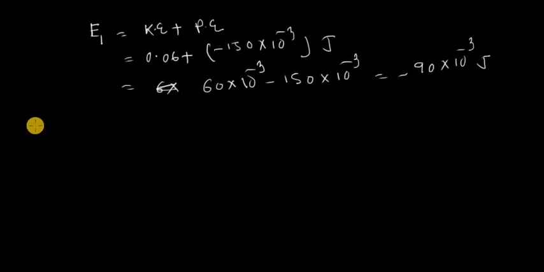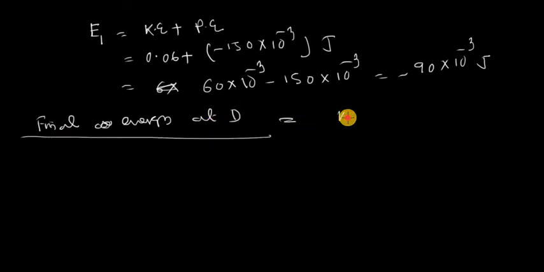Now potential energy, final energy, that means final energy at D. This is nothing but kinetic energy 2 plus potential energy 2, means second position.